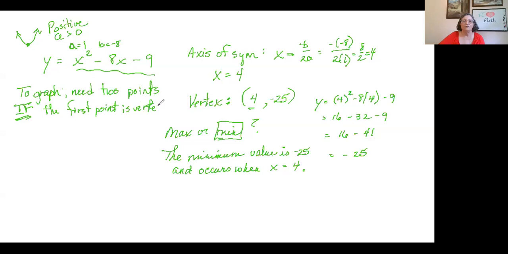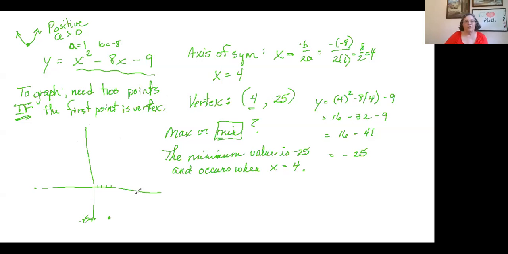There's two different modes actually that they can put graphing a parabola into. So we know we've got 4, -25. So we know we've got a point here.